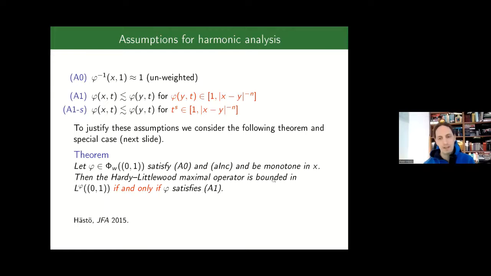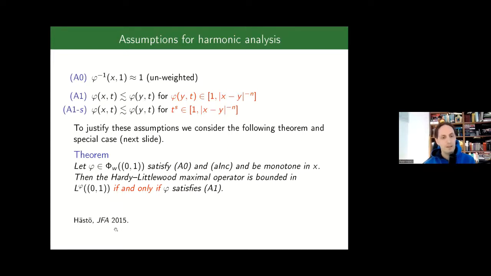So A1 is sufficient also in the more general case, but yeah, the only if we have to consider this more restricted case. Also some additional assumptions that I do not want to delve too much into in this talk. So I want to focus on A1, as I mentioned.